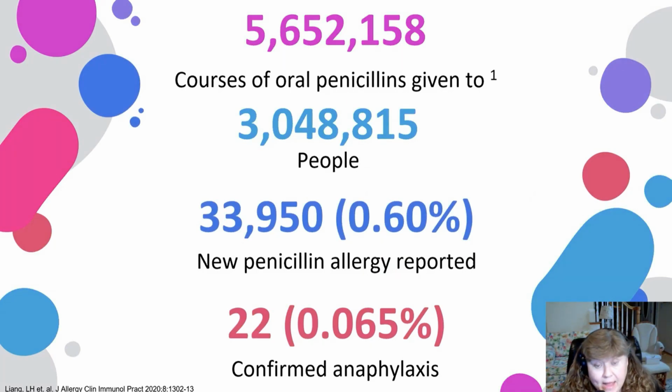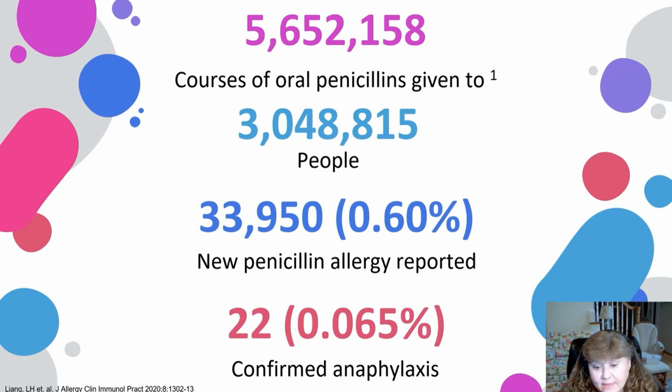And what they found during that time period, there were 5 million courses of oral penicillins given to 3 million individuals, and that 33,000, or 0.6%, of them reported a new penicillin allergy. And 22 cases out of the 5 million courses had confirmed anaphylaxis, or a rate of 0.065%.